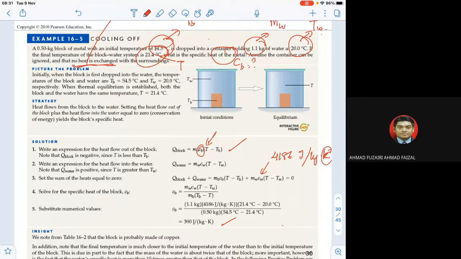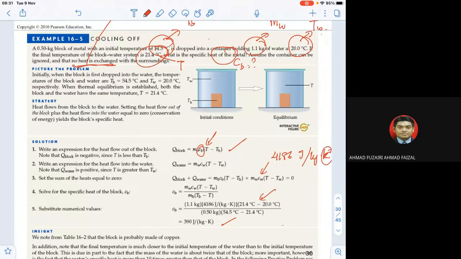But if you look carefully, this person doesn't use Kelvin, they use only Celsius. Is that okay? Yes. Again, I'm telling you, it's just a delta. It's just a difference in temperature. The delta in Celsius will equal the delta in Kelvin, the same thing, because it's proportional. So don't bother much.